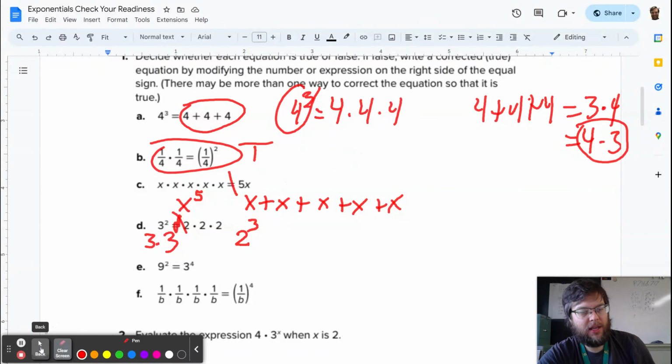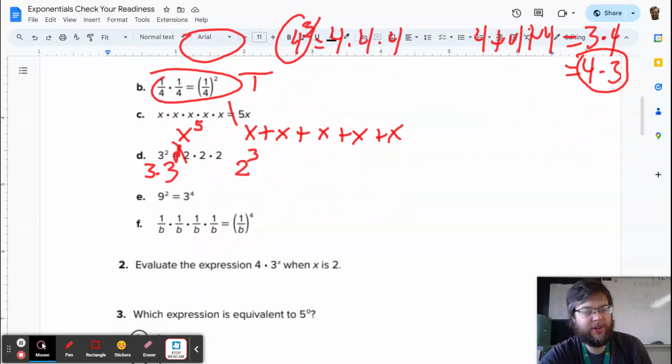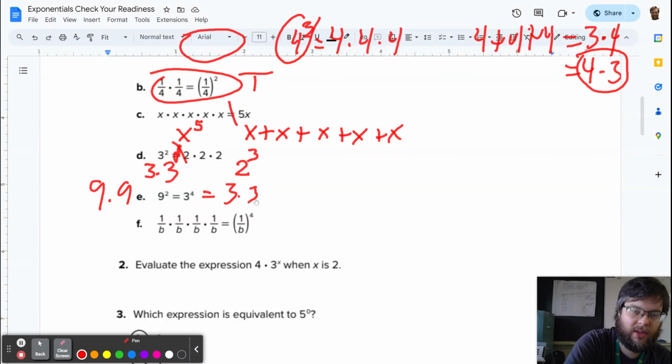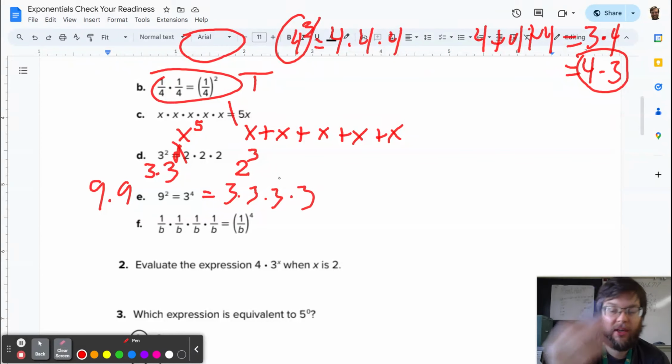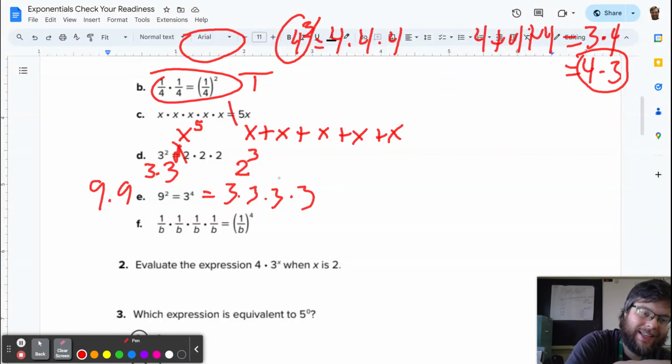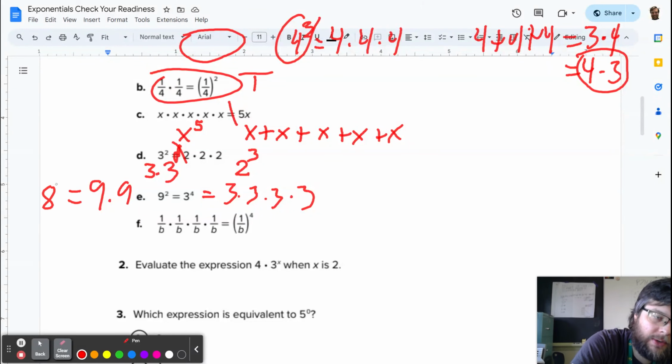Okay, part E is tricky because it seems false. The left-hand side is 9 times 9, and the right-hand side is 3 times 3 times 3 times 3. So those are different, right? There's 2 9s versus 4 3s. But if you actually calculate them, this comes out to be the number 81, and this also comes out to be the number 81.